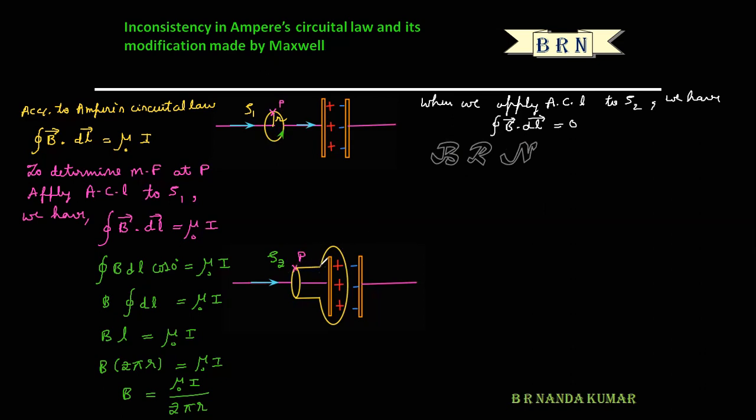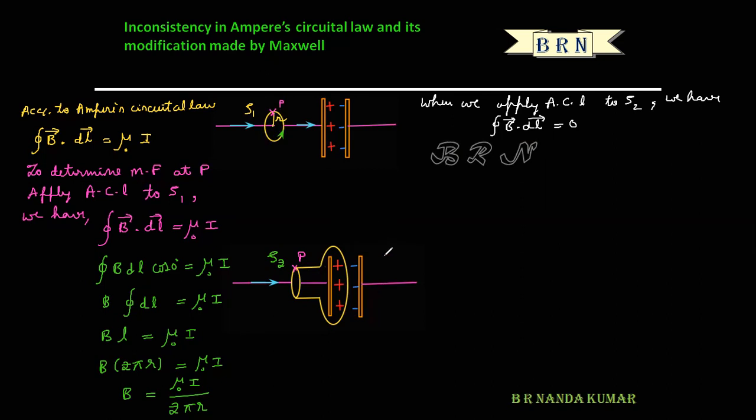So this clearly shows that there is some inconsistency in Ampere's circuital law. Is it not? Here we will get the magnetic field mu naught I divided by 2 pi r. But in this case, there is no magnetic field. So this clearly shows that there is some inconsistency in Ampere's circuital law when the circuit includes a capacitor.